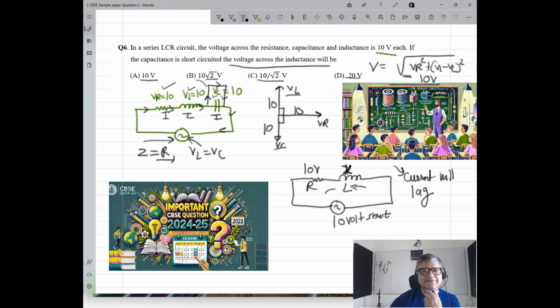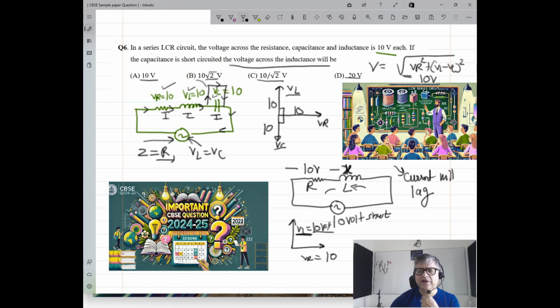If you have shorted this and now you're left with only R and L, then the voltage across the inductance will be how much? By shorting, you removed the capacitor, and now VL has become 10 and VR is equal to 10. So by shorting, you are providing a reactive component voltage to the inductor which is 10 volts only.